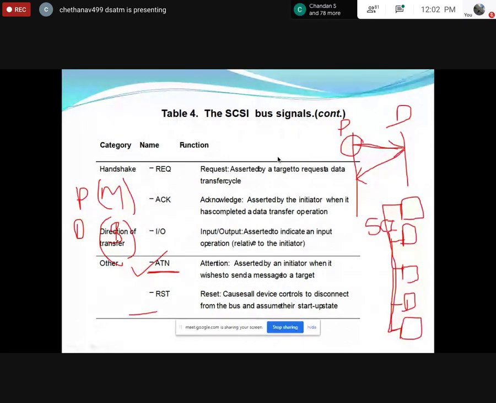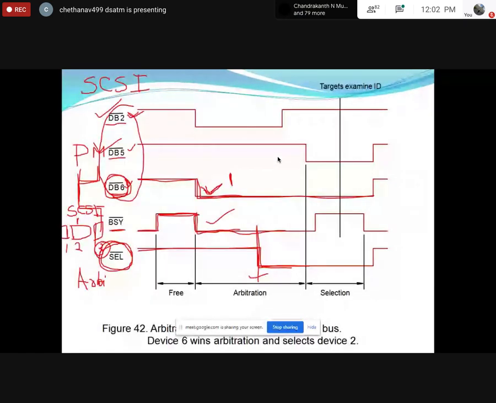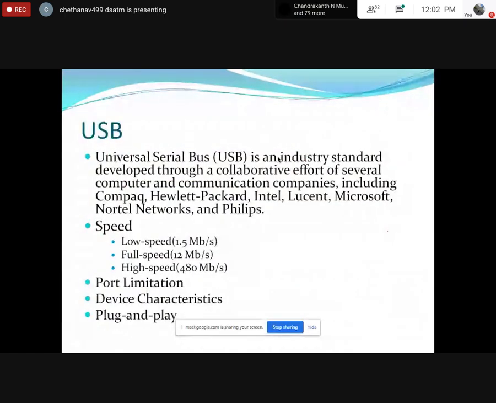That is about our SCSI bus. The main purpose of SCSI is transmitting data from disk to processor or disk to memory. I think you have already seen the diagram.